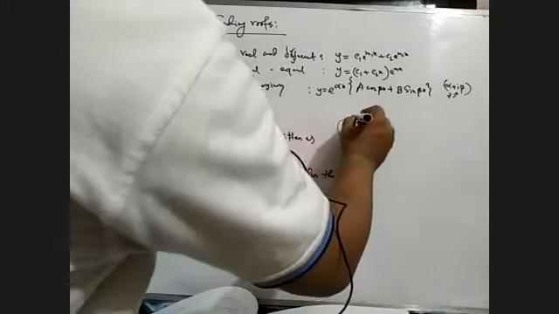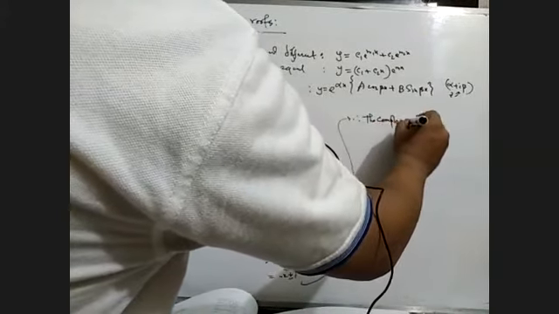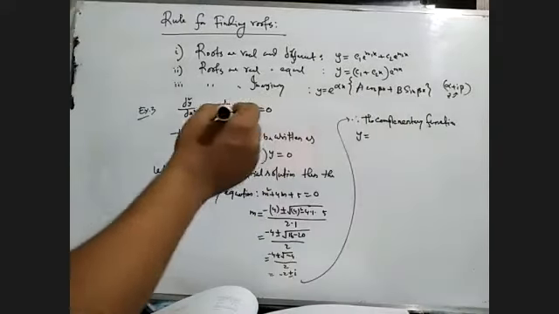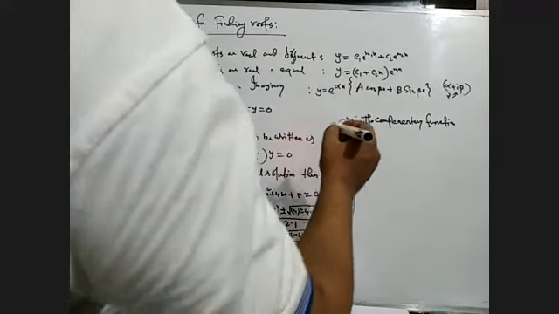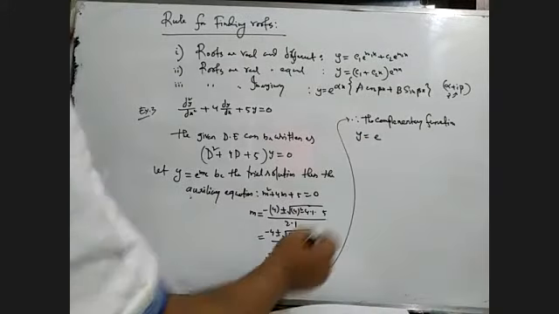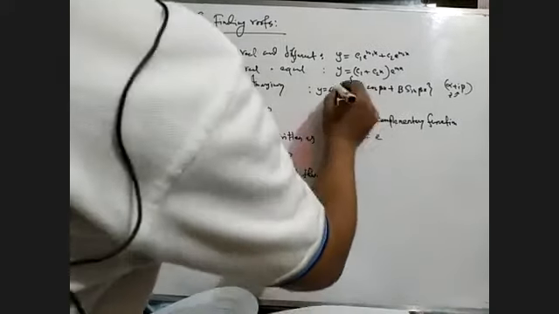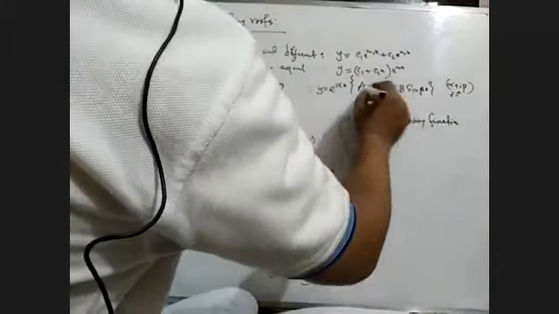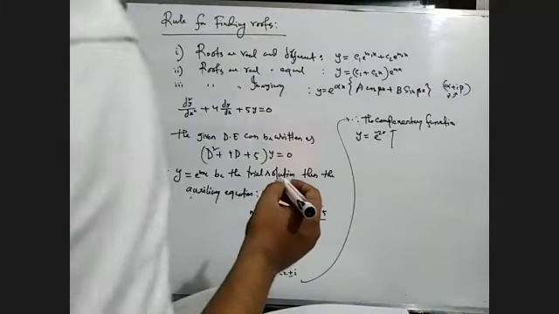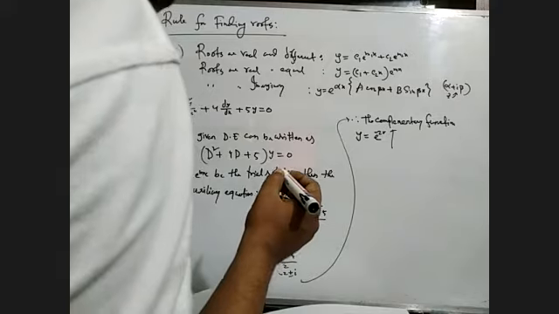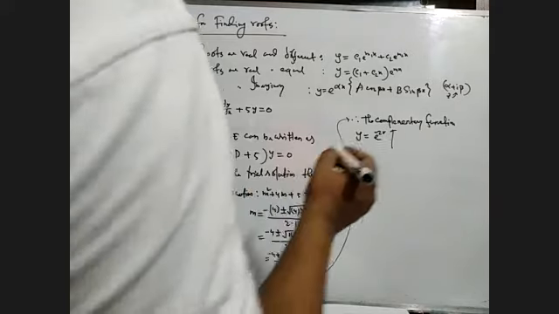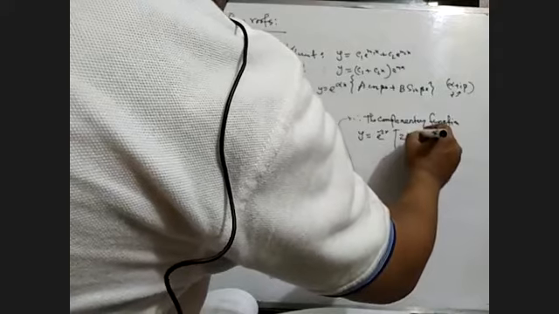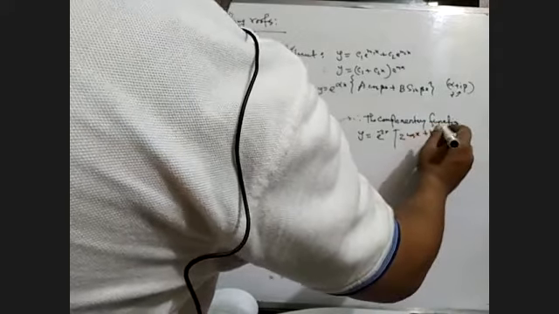Therefore, the complementary function is y equals e to the power alpha x, if we compare with alpha plus i beta, then alpha equals minus 2, so e to the power minus 2x, and beta equals 1, so (A cos x plus B sin x).